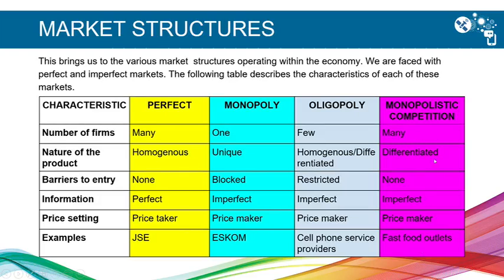So if you just think of the differentiation of your products, your McDonald's fries are very different to your Steers fries, for example. Okay, so once again, with many sellers in the market, lots of competition, differentiated products, consumers have a choice of which ones they like. And like I said, I use Steers and McDonald's. Some people love McDonald's fries, others prefer Steers fries, right?